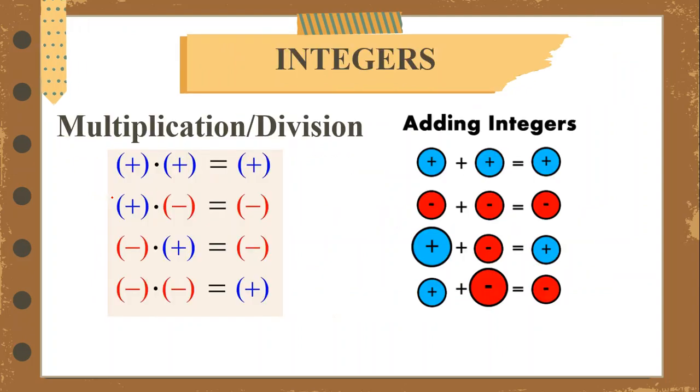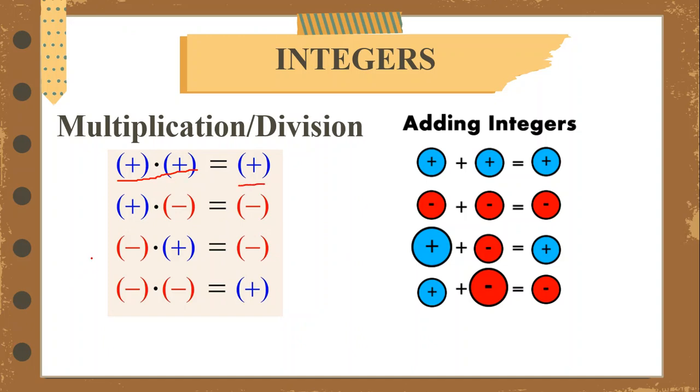Now we are going to review the integers, particularly when we multiply or divide, and when adding or subtracting integers. As you can see here, two positives is equal to a positive.